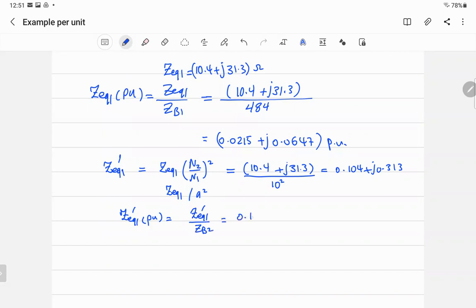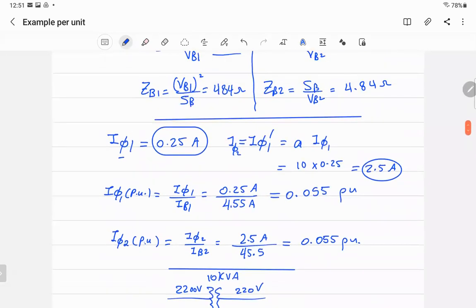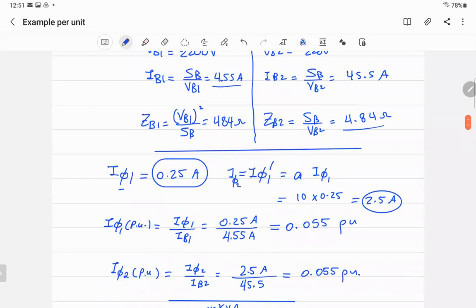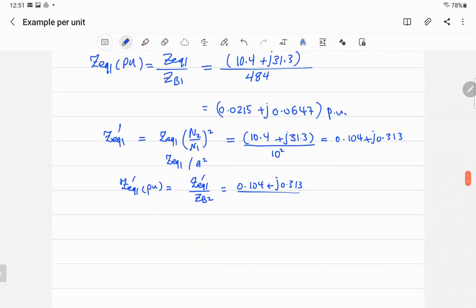We divide 0.104 + j0.313 by the base for the second side, which is equal to 4.84 ohm, and what we get is 0.0215 + j0.0647 per unit, which is the same value again as the equivalent one per unit. So once you do it on one side, you don't have to make another calculation for the other side.